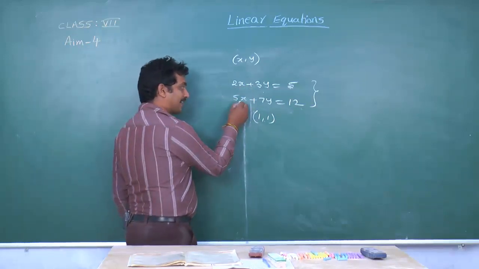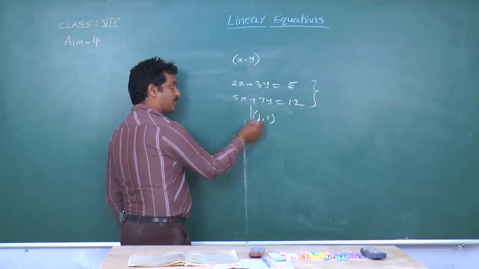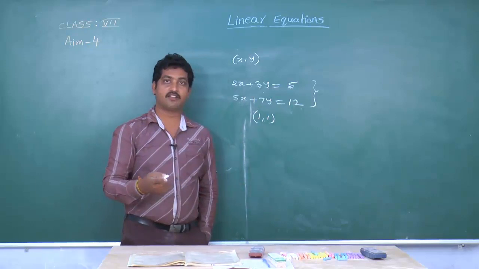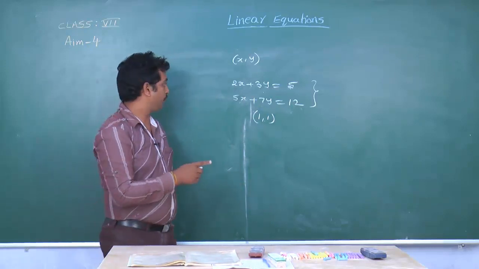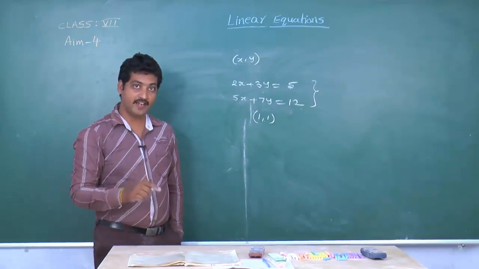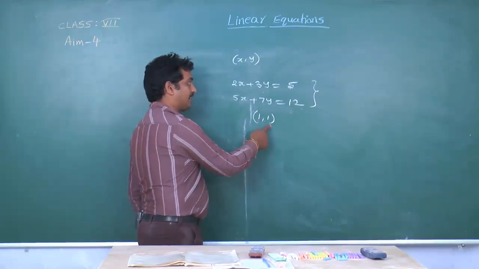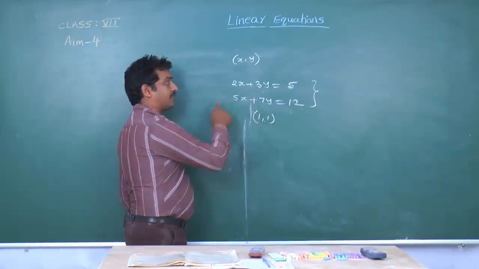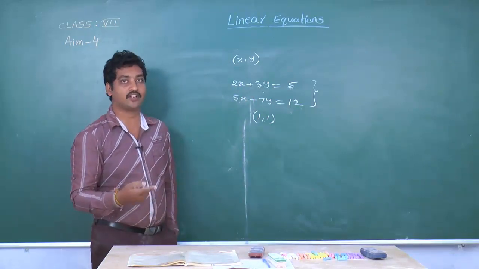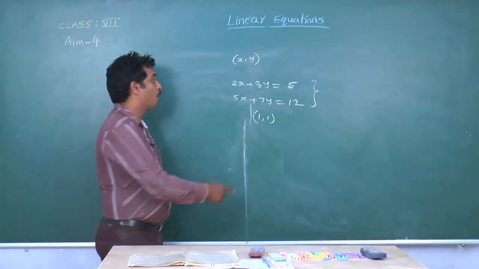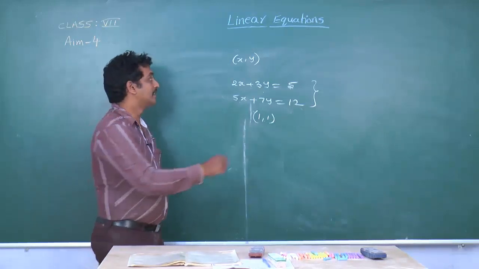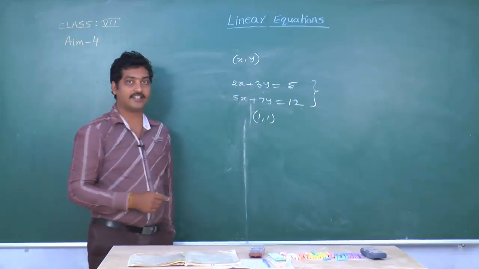Coming to the second equation, substitute x equals 1 and y equals 1 here also. Here also 5 plus 7 equals 12. We get LHS equals RHS. Therefore, (1, 1) is the solution of the first linear equation and the second linear equation also. Therefore, (1, 1) is said to be the solution of the system of simultaneous linear equations.